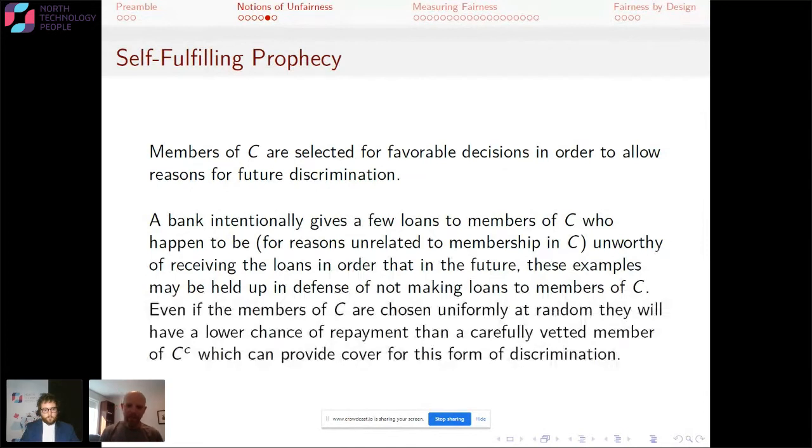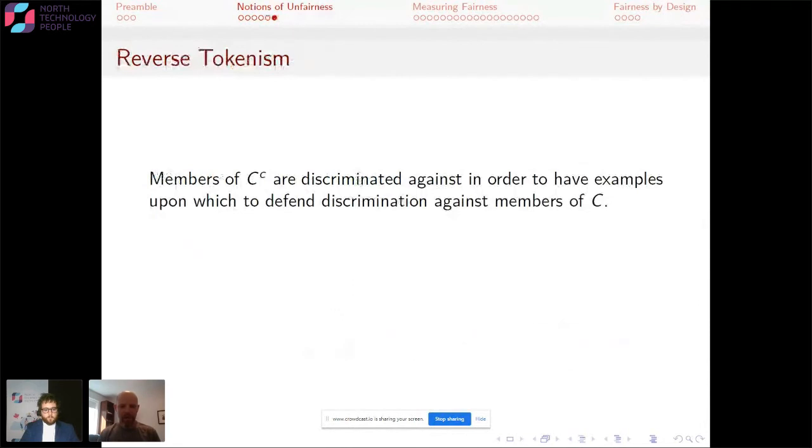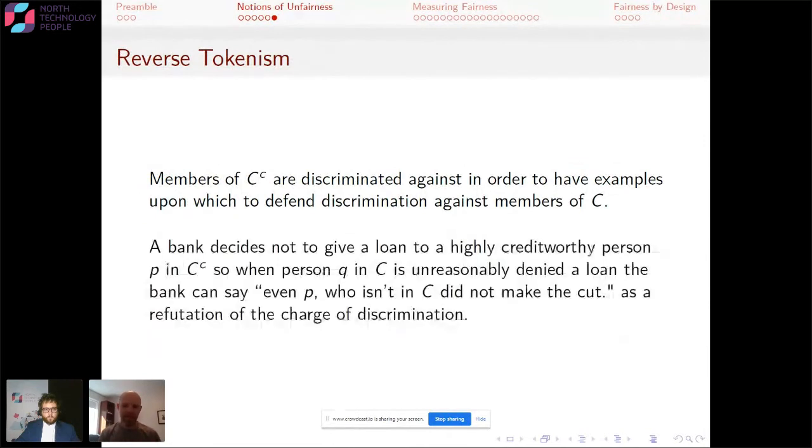And you can do that in the opposite way as well, where you create reverse tokenism. So you purposely pick members of C complement, so people who are not in the protected group, and then you purposely discriminate against them in order to essentially claim that you're not actually discriminating because, look, here's this member from this other group, he's not in protected group C, they didn't make the cut, and therefore there's no discrimination, there's no unfairness.